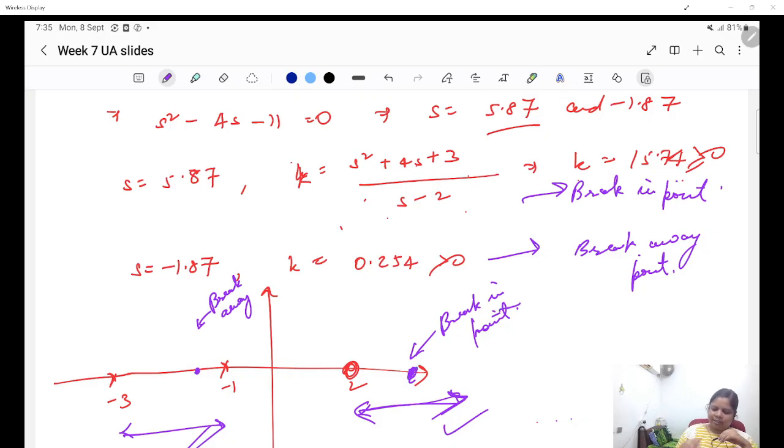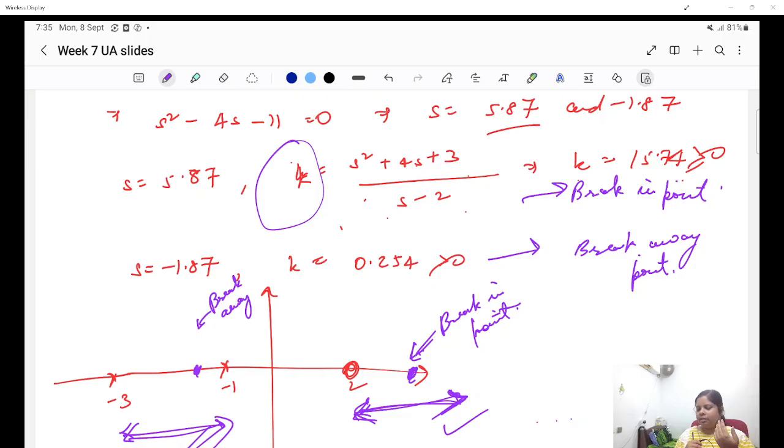So this gives a good validation, since both of these were the only regions lying on the root locus. If we get a breakaway or break-in point here, that says we have got the correct points. One more thing is to validate and check that the value of K you're getting matches the calculations we started with.